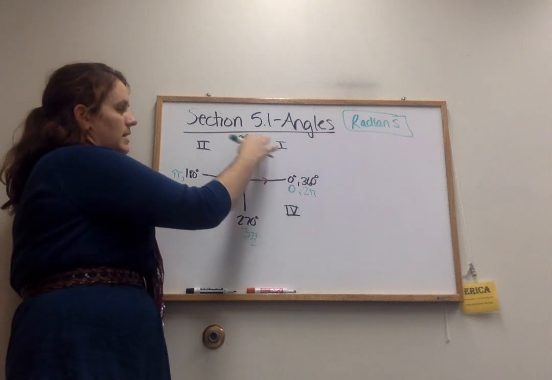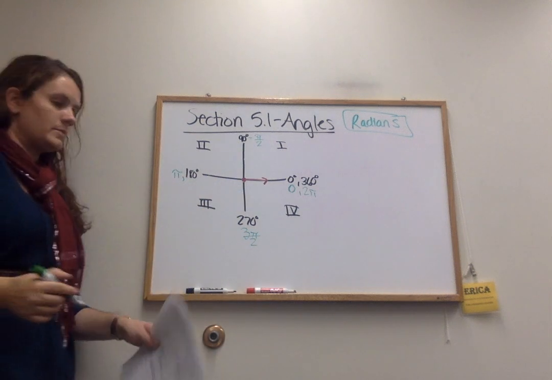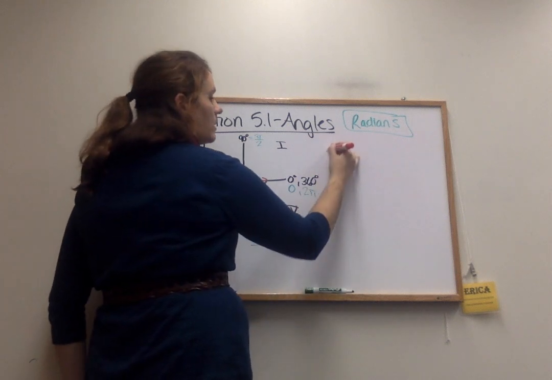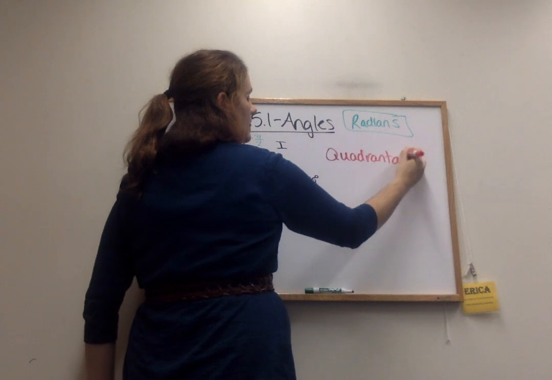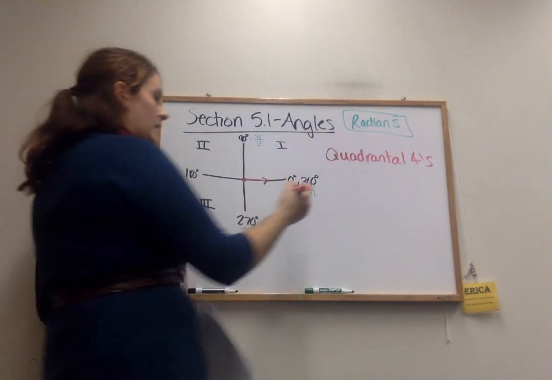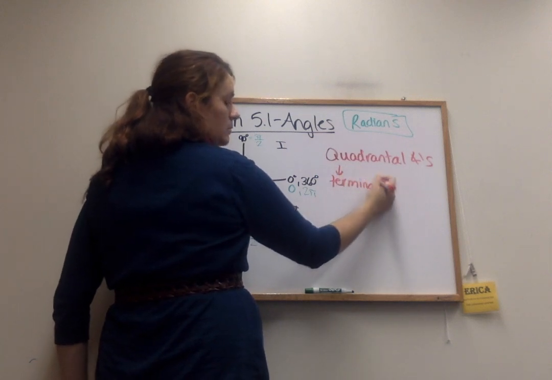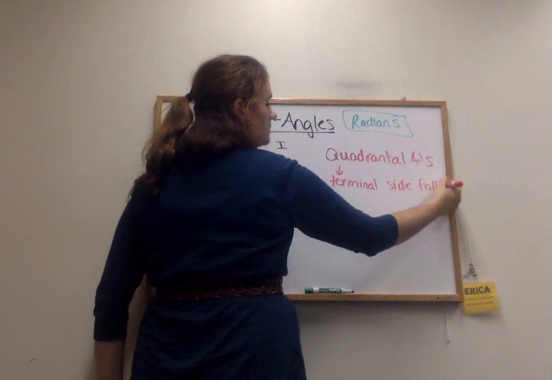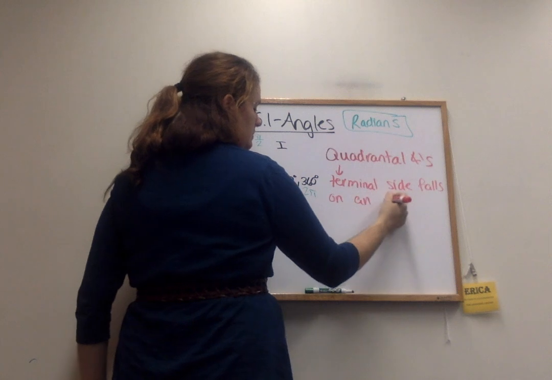Now, these angles that happen to fall on each of the ends of our axes actually have a very special name. They are called quadrantal angles. Quadrantal angles are any angle where the terminal side, where it stops, falls on an axis.